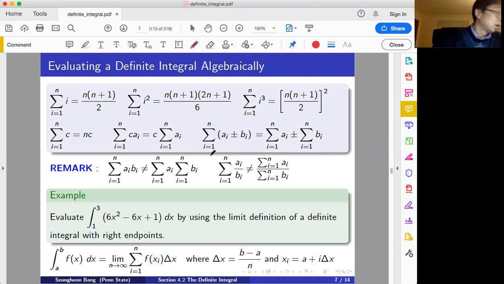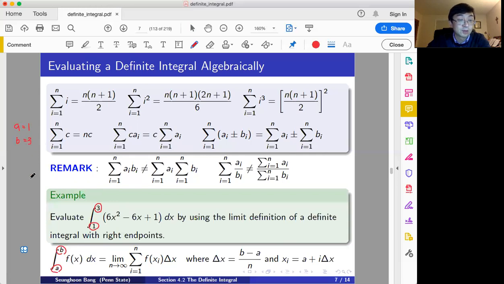So how can you find it? Define it like this. What is a here? a is 1, so I can write a is 1. What is b? b is 3.